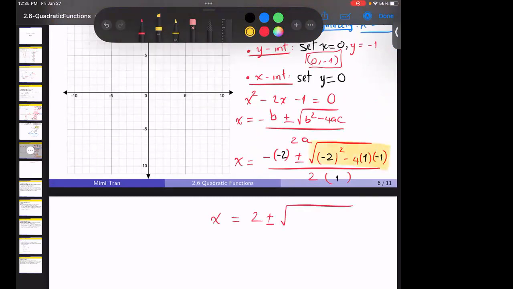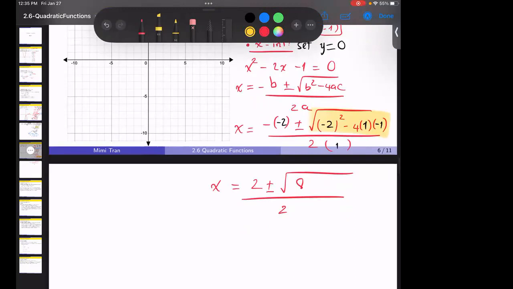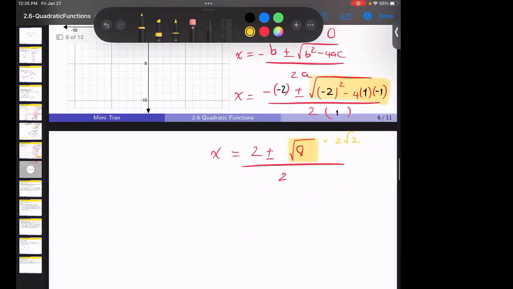Let's take care of this one separately, so we don't have to keep rewriting it. 4 plus 4, that's 8. What is the square root of 8? It equals 2 root 2.